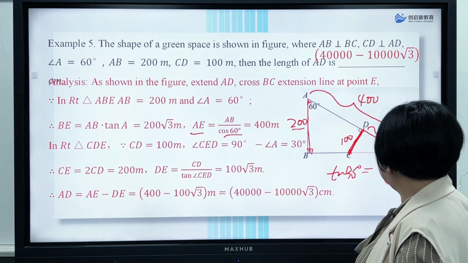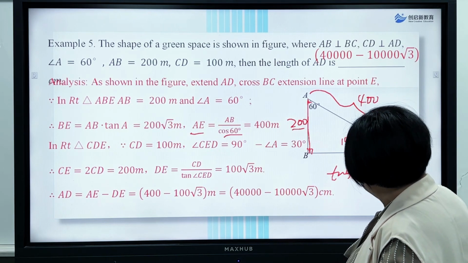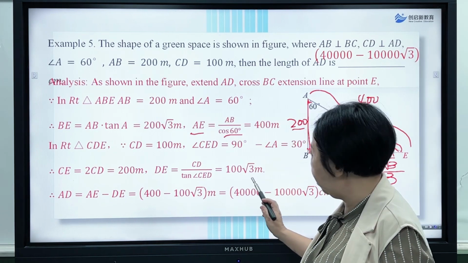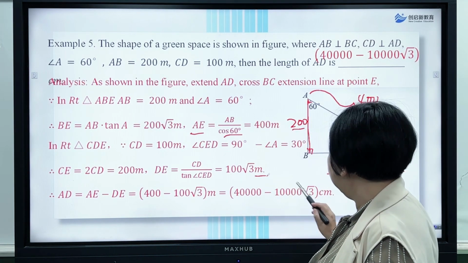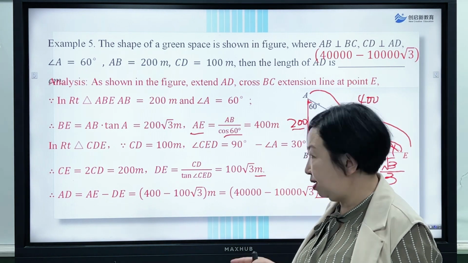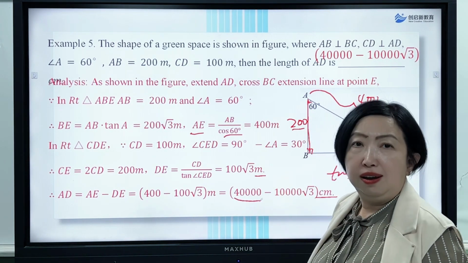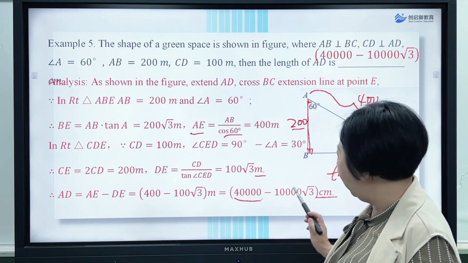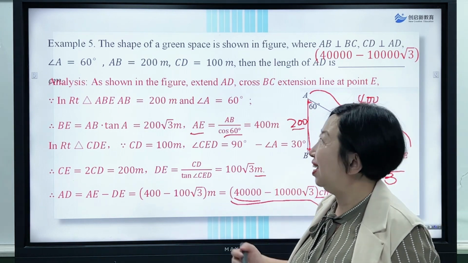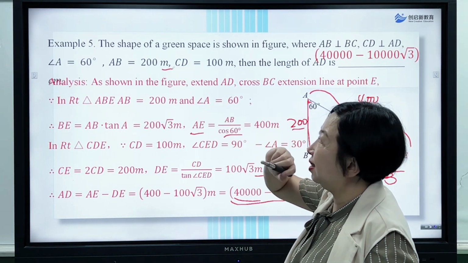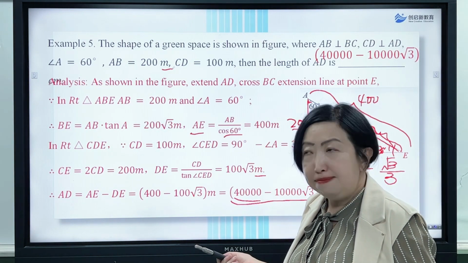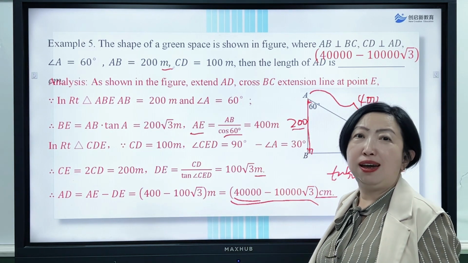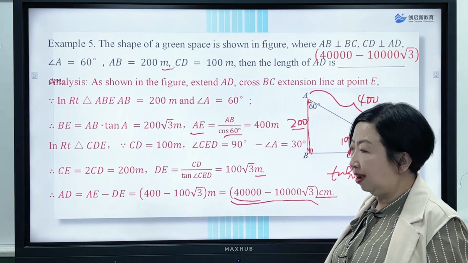So DE equals 100 times root 3 meters. Then we change it to centimeters: 10,000 times root 3 is the answer. We must pay attention: here it gives meters, and we use centimeters.